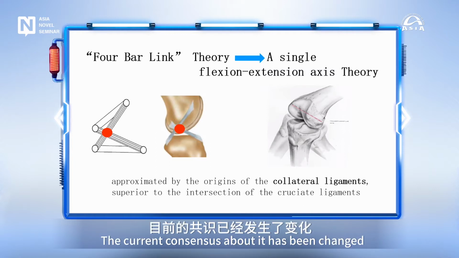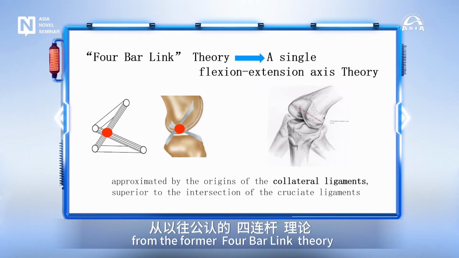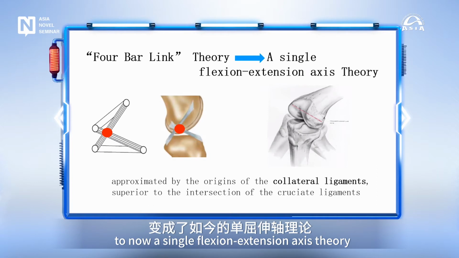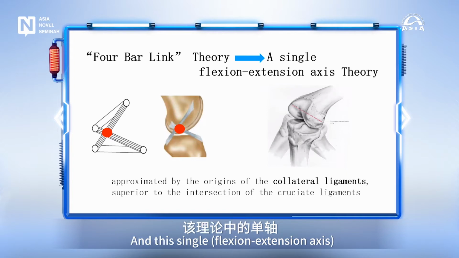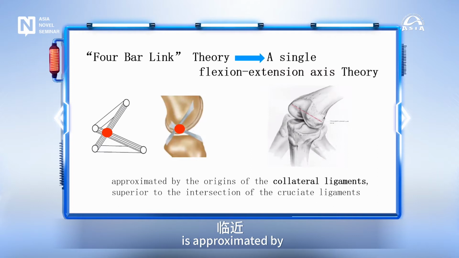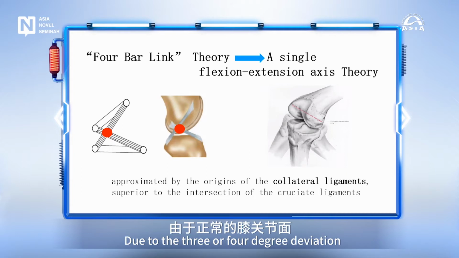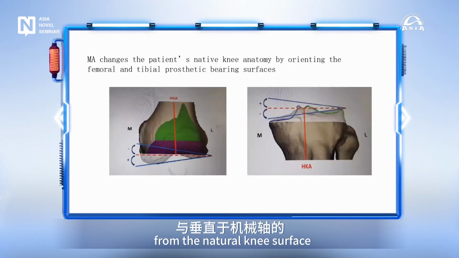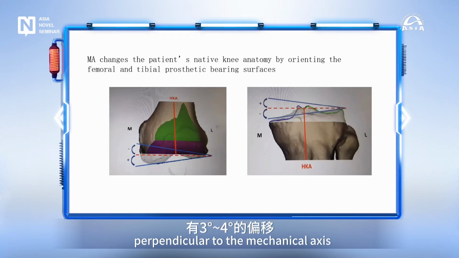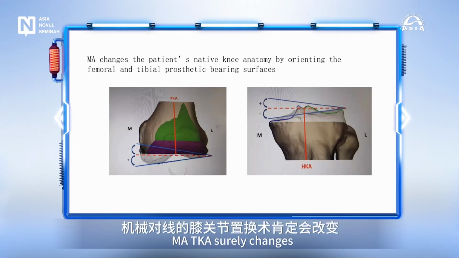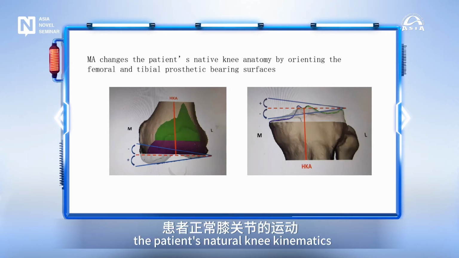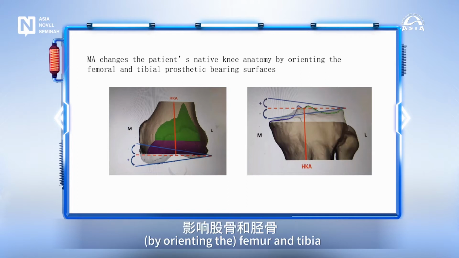The current consensus has changed from the former four-bar linkage theory to a single flexion-extension axis theory, and this single axis is approximated by the origins of the collateral ligaments. Due to the 3 or 4 degree deviation of the cutting line, perpendicular to the mechanical axis, from the natural knee surface, MA TKA surely changes the patient's natural knee kinematics at the femur and tibia prosthetic bearing surface.